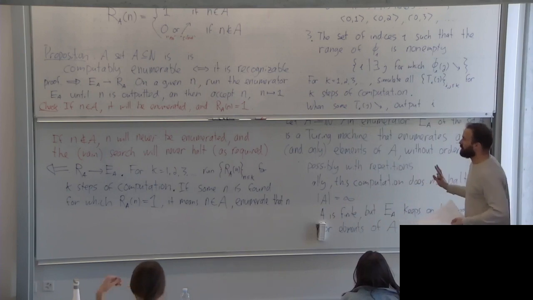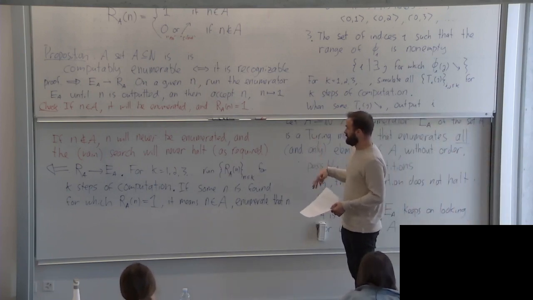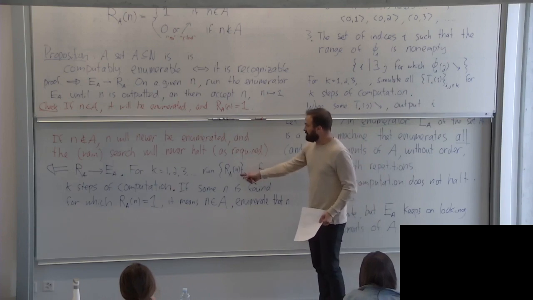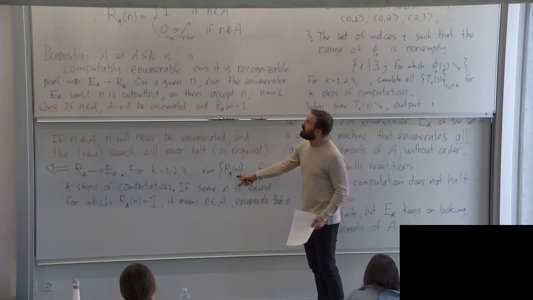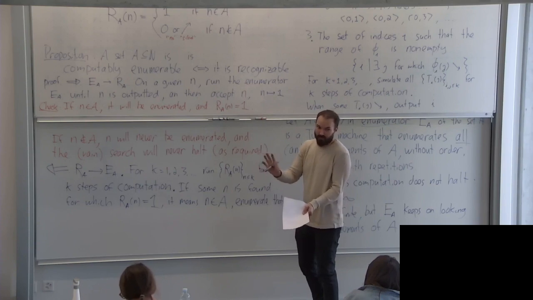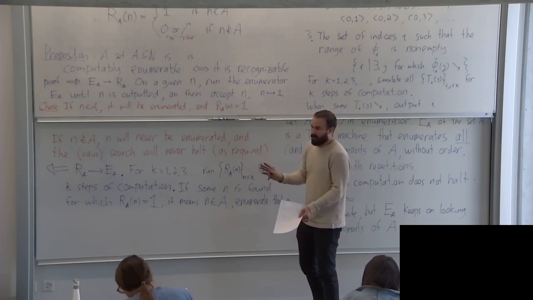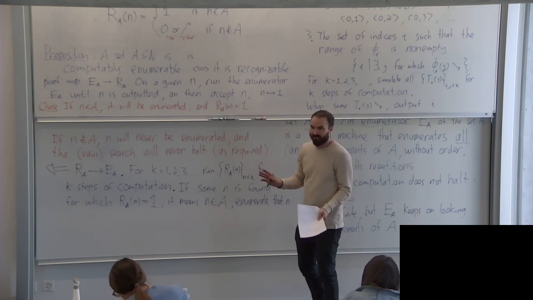And I won't write it down, but observe for yourself that if n is not in A, then either this computation will halt and say 0, in which case you've been signaled that it's not in A, so don't enumerate it, or it will never halt, but that's fine, you will never enumerate it.